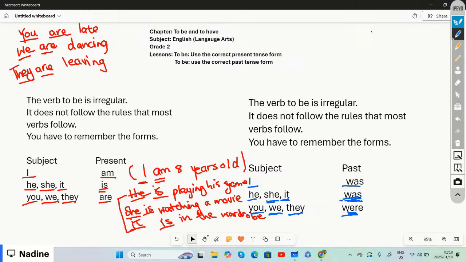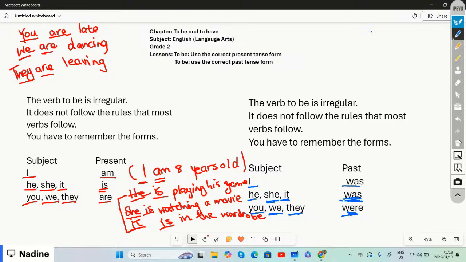But if there's more than one person or thing doing something, which is you, we, or they, then were, right? And that is basically our verb to be, which is irregular in the present tense form as well as in the past tense form.